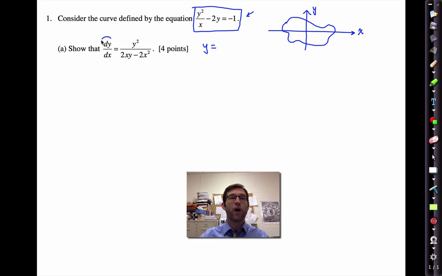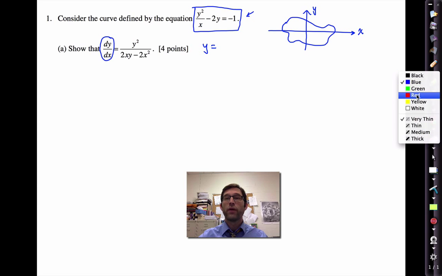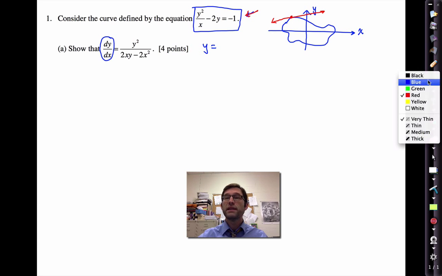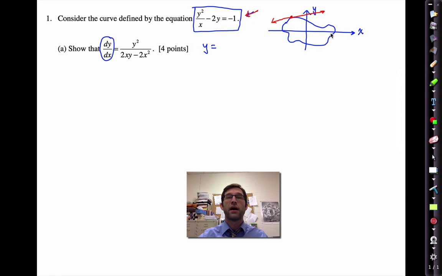And we can still talk about what the slope of the tangent line is at any one of the points that lies on the curve. It's very important to understand that it's this rule right here that completely dictates the points that lie on this curve. If a point x comma y makes that equation true, then it's on the curve. And if it doesn't make it true, it's not.